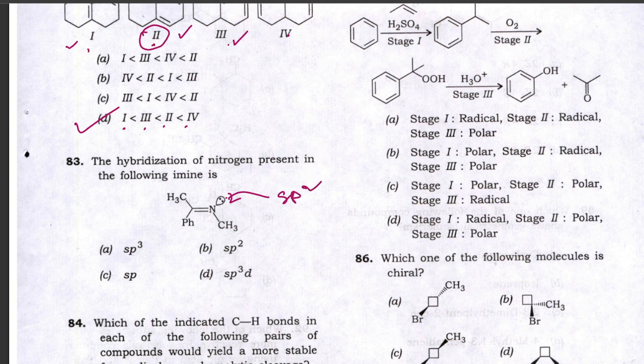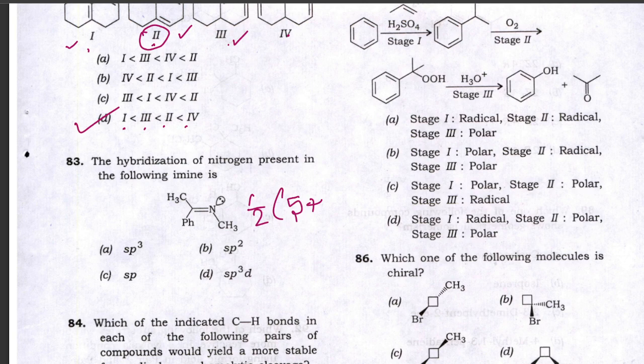Now if you really want to calculate the hybridization by applying a rule, take half of the central atom's valency, and the nitrogen's valency is 5, we know, and add the number of monovalent atoms attached to it. Actually single bond, not monovalent atom, single bond.